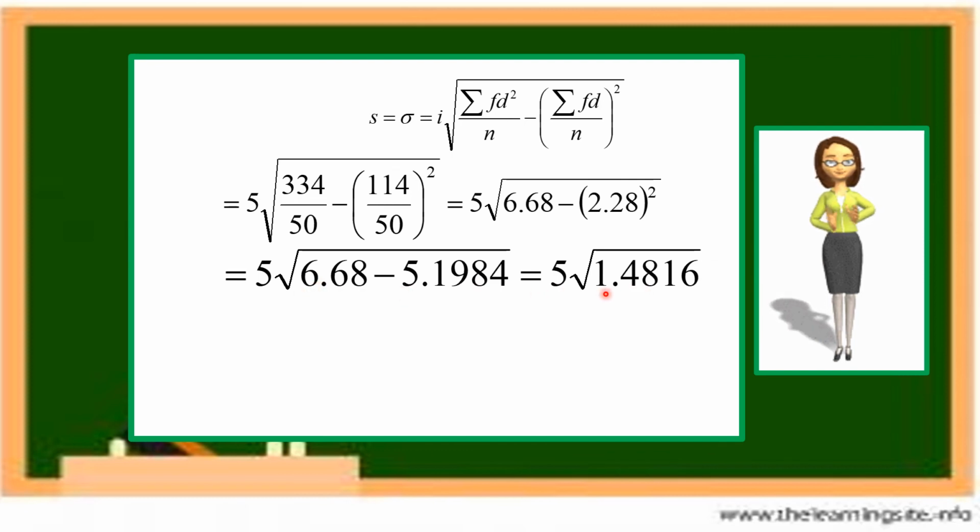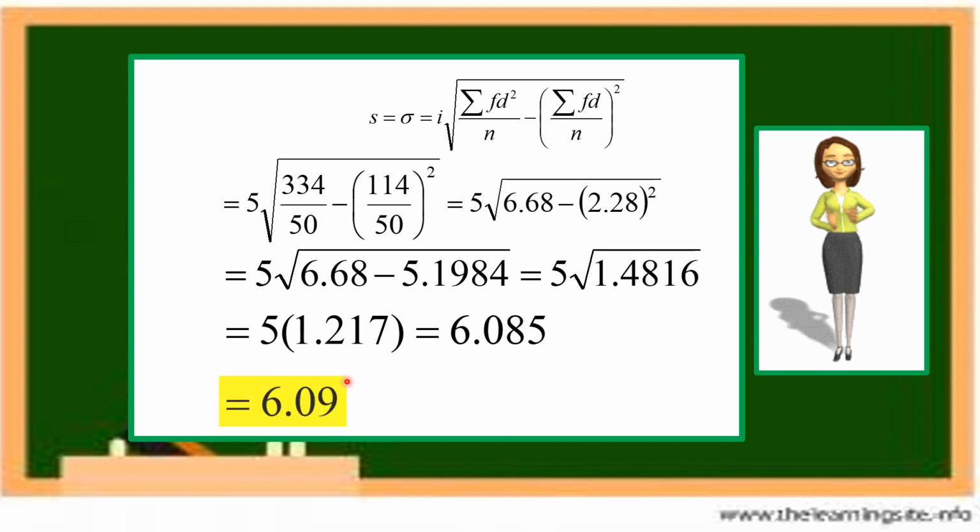The answer is 1 and 4,816 ten-thousandths. Then after that, we extract the square root. The square root of 1 and 4,816 ten-thousandths is 1 and 217 thousandths. Then we multiply. The result is 6 and 85 thousandths. Then after that, we round it to the nearest hundredths. The answer is 6 and 09 hundredths.